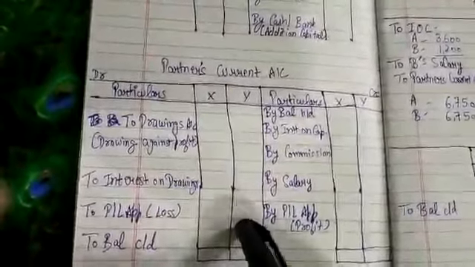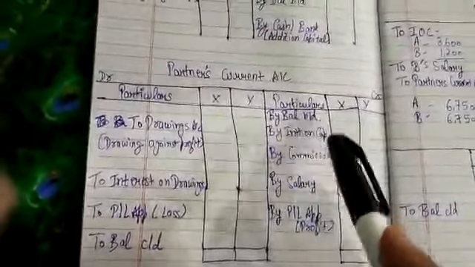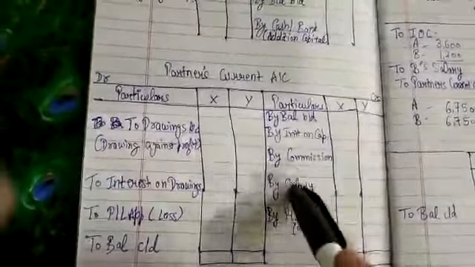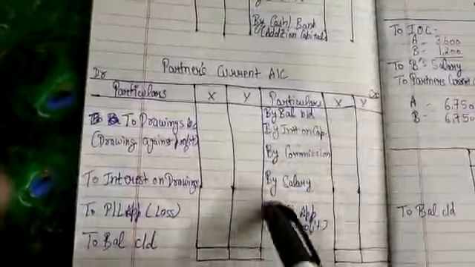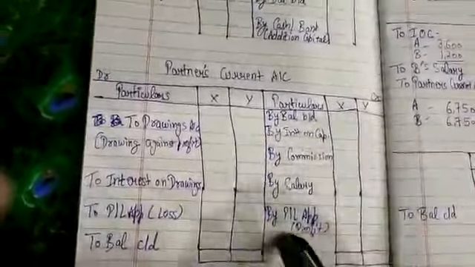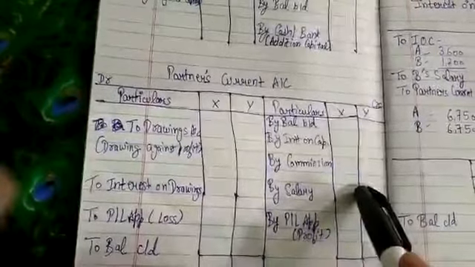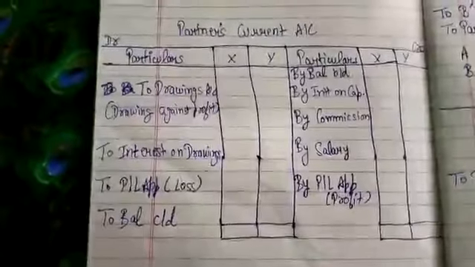What are these transactions? These are interest on capital, any commission, any salary, any profit. These all are things which are income for the partners, and income for the partners will be credited in partners current account.